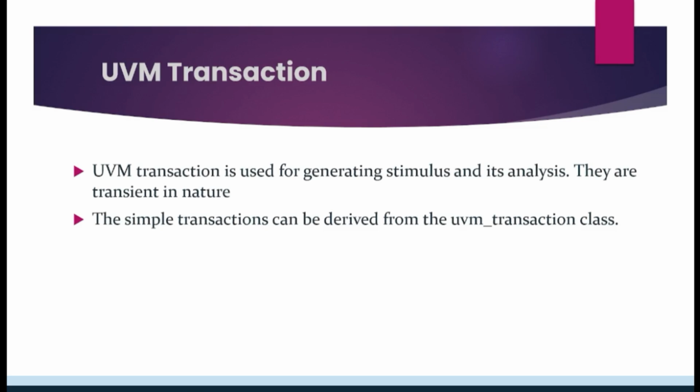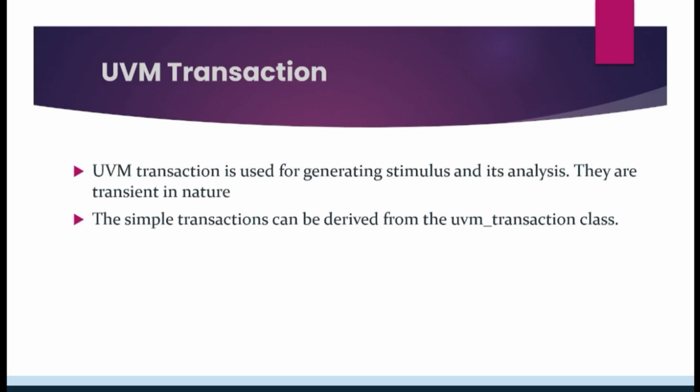In the previous session we have already discussed what this sequence item is and why we need it in UVM, right? If you didn't see that video, I'll link it in the description box. You can go there and check it out, which is the introduction of UVM, where I discussed what UVM is, the need of UVM, and the various introductions done in UVM.